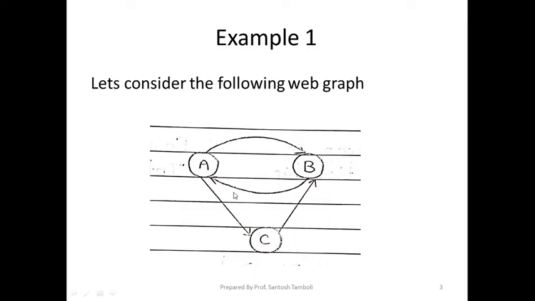There are three web pages A, B and C. There is a link from A to B, and from web page A we can move to web page B as well as web page C. From B there is only one link, towards web page A, and C is connected to B.